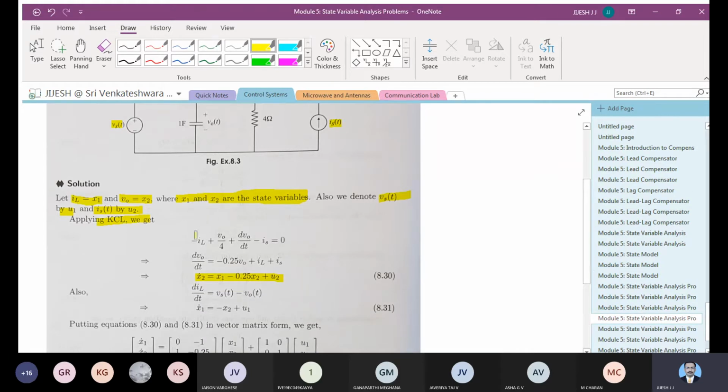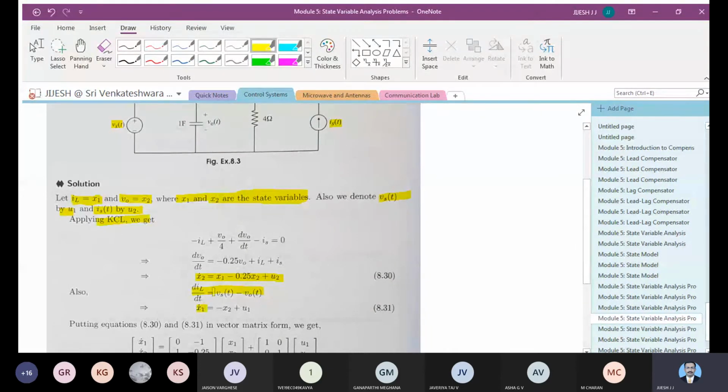Similarly, you need to write the equation further, that is dIL by dt is equal to Vs of t minus V0 of t, and IL is defined as x1. So the differentiation of IL will be x1 dot.